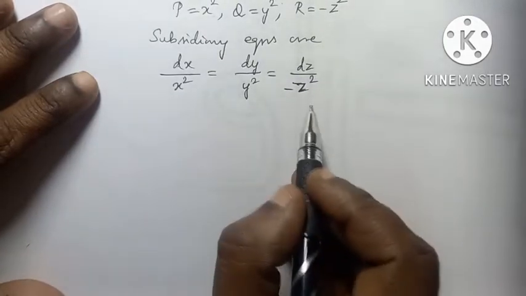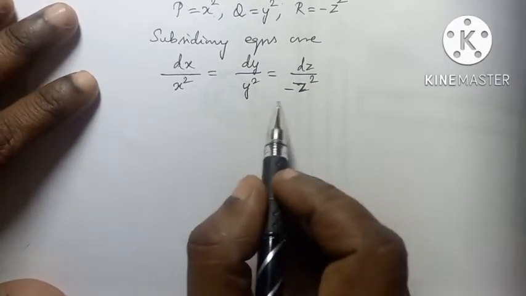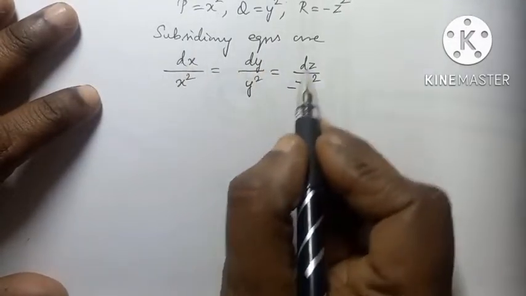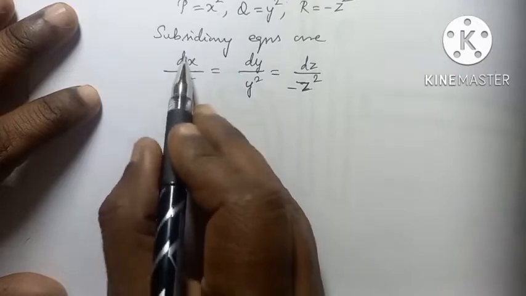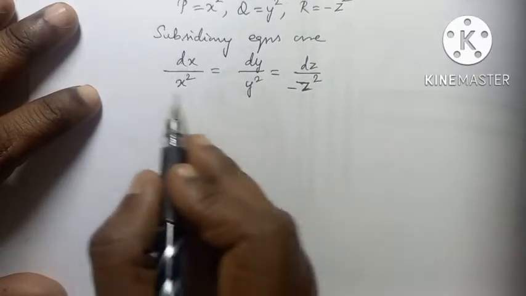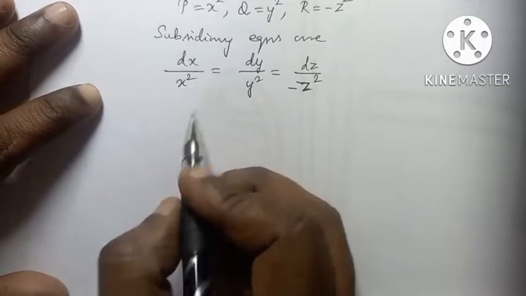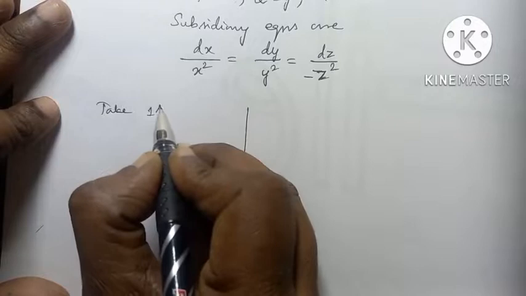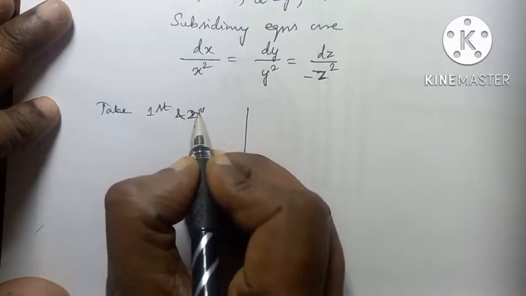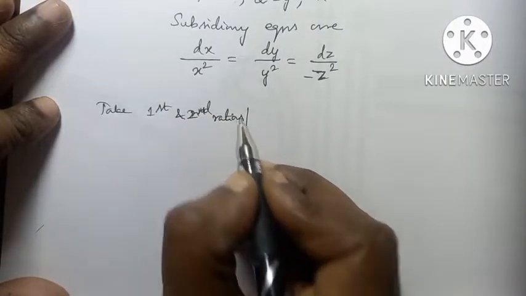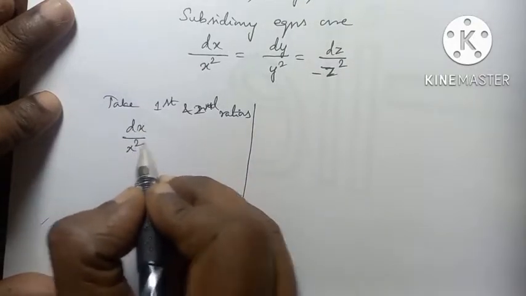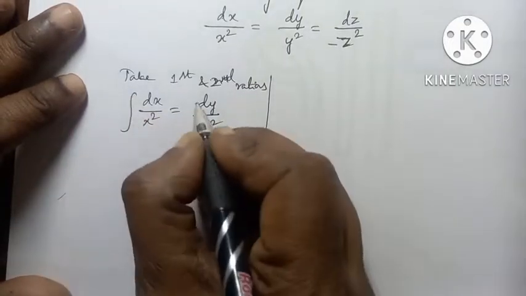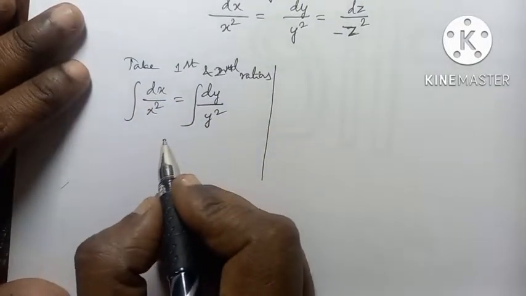So it is possible to get the answer through the grouping method, right? Each one is called a ratio, of the form a by b. Take any two ratios; let us take the first and second ratios. dx by x square equal to dy by y square. Integrating, partial integration is not allowed here.